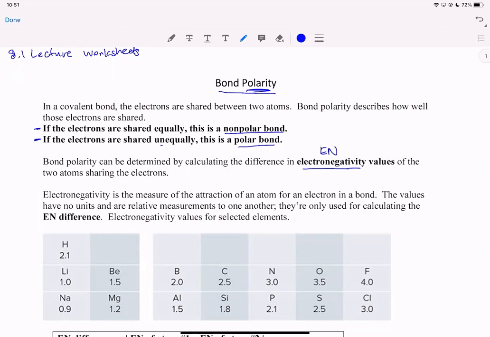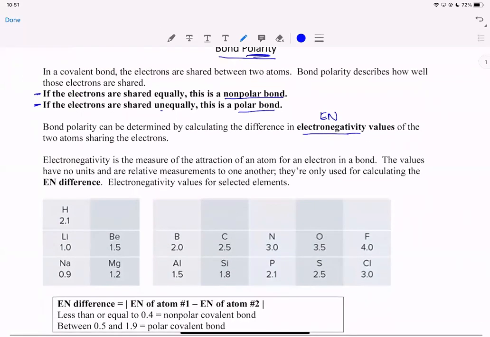Each atom has its own ability to attract electrons, and that's why each atom's electronegativity value is not the same. Hydrogen's is 2.1, lithium's is 1.0, beryllium's is 1.5. There are general trends in these values: lithium 1.0, then beryllium 1.5, boron 2.0.